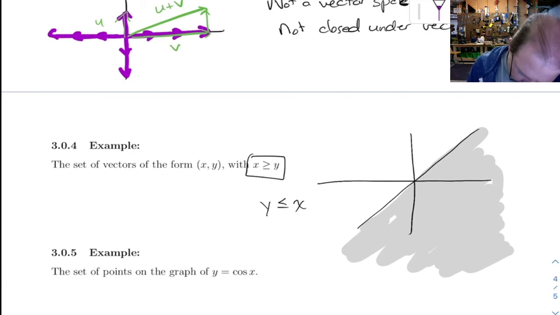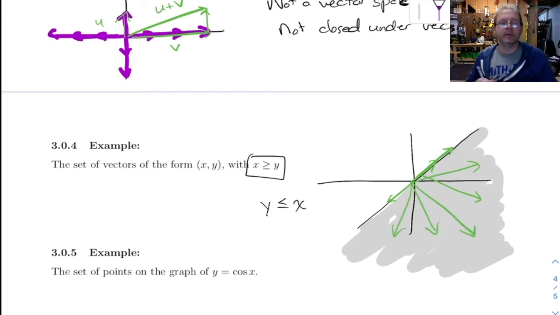So vectors in here, it could be anything that lies on this line or anything that points into this half of the plane. I drew those a little sloppily, but they're all supposed to be starting at the origin. So this thing, can we find something here that if we multiply it by a negative, it'll go out of there? Sure.